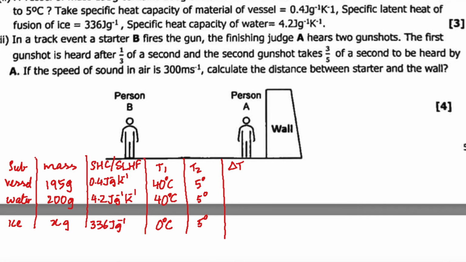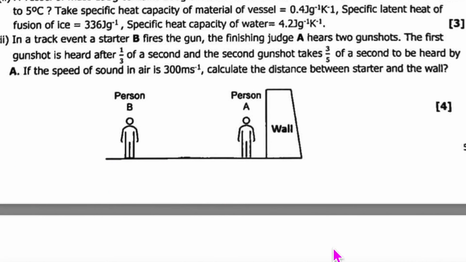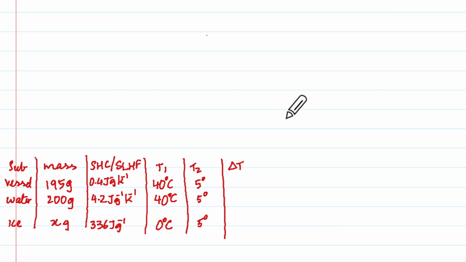Now, let us get some space. Now, most important thing is to show the schematic diagram for ice. It's going to melt first, form water at 0 degrees, and then it is going to become water at 5 degrees.